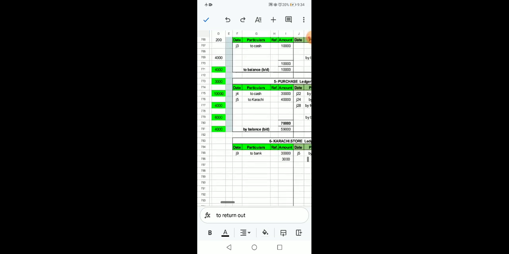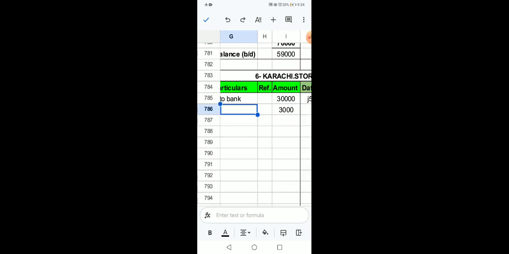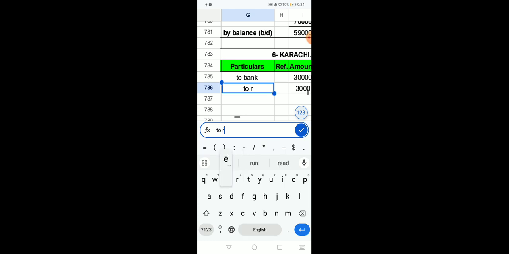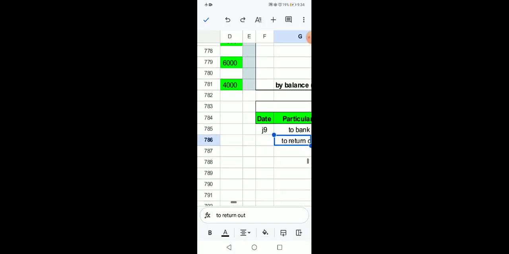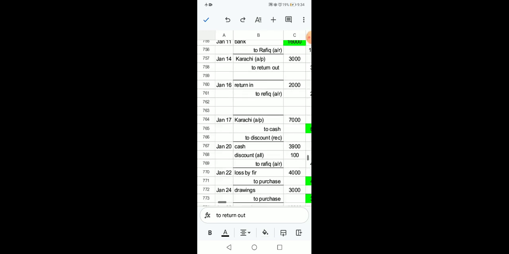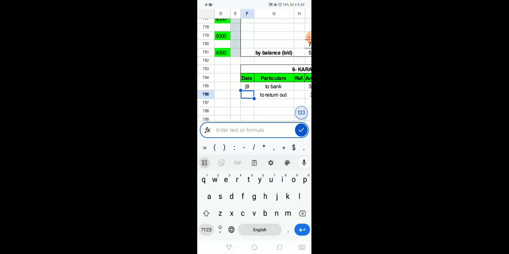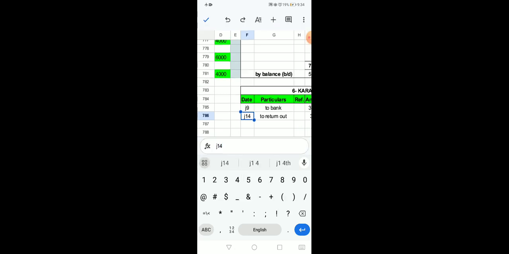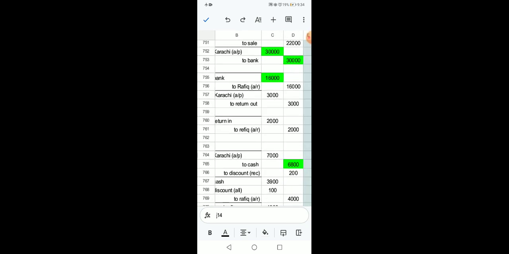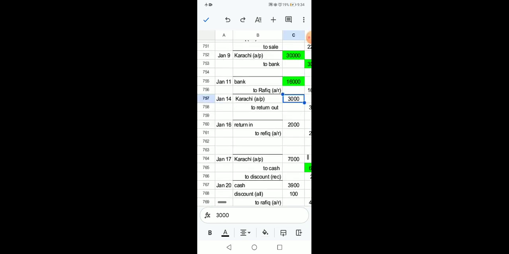Return out. So you will be writing reference to return out over here. And see for 3,000 what is the date? It is January 14. Karachi was debited January 14. Put the date January 14 in the date column. This way posting for 3,000 is completed. For Karachi January 14, 3,000 completed. Mark it as it has been done.